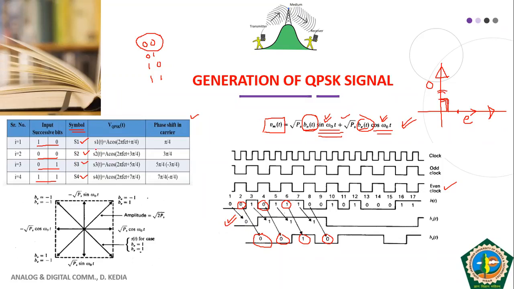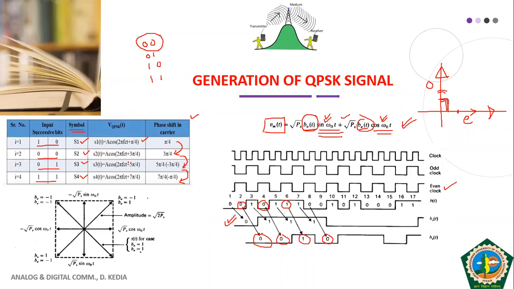If you represent S1(t) like this, A cosine(2 pi fc t + pi/4), then, as I told you, successive symbols will have a phase difference of 90 degrees, or pi/2 radian. So the phase shift between successive symbols is pi/2 radian. This is how you can mathematically represent QPSK symbols.